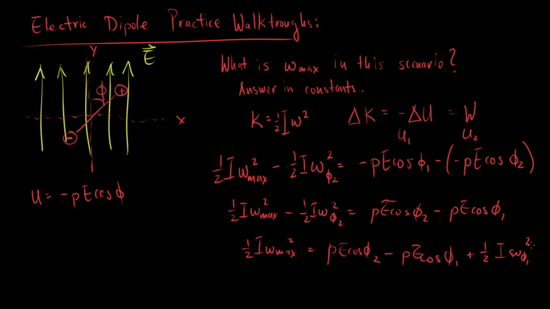Now, if you notice here, I forgot to mention this before, if there is no kinetic energy to start off with, so we're assuming somebody's holding this dipole in the E field and then they let go, right? We start off with initial 0 kinetic energy, or not angular momentum, angular velocity.